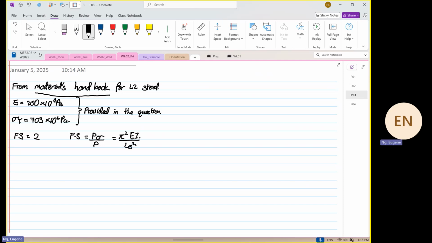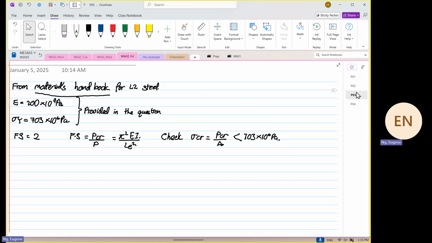Now, to check, we have to ensure that the critical stress, equal to PCR divided by A, has to be less than 703 times 10 to the power 6 Pascal. So let's check.